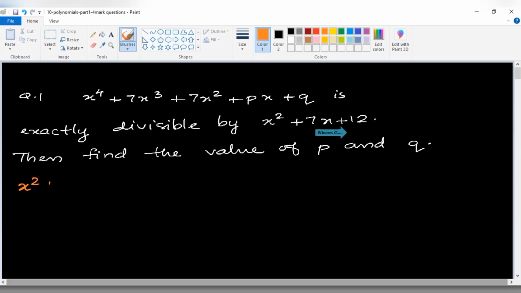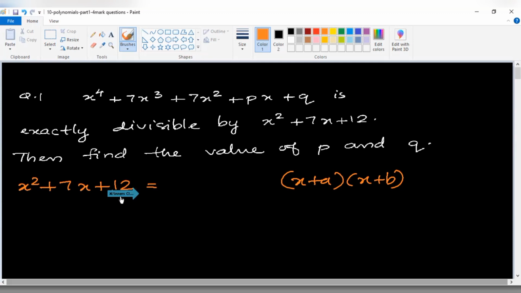So here x square plus 7x plus 12 is the given second polynomial. Which identity can we use? x plus a into x plus b, right? That is splitting the middle term. So x plus a into x plus b is x square plus (a plus b) into x plus ab.